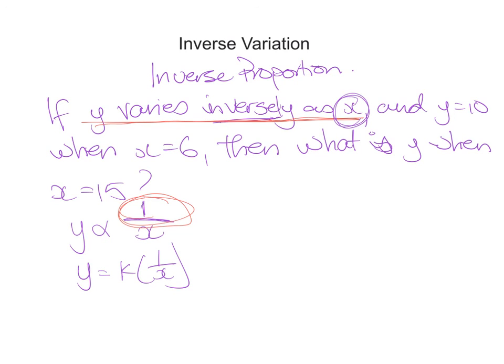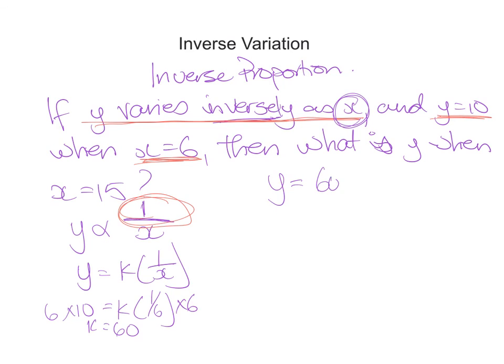So we look now to see what's the other information. When y is 10, x is 6. So 10 is equal to some number by 1 over 6. Multiply both sides by 6 and we get that k is equal to 60. So y is equal to 60 by 1 over x.